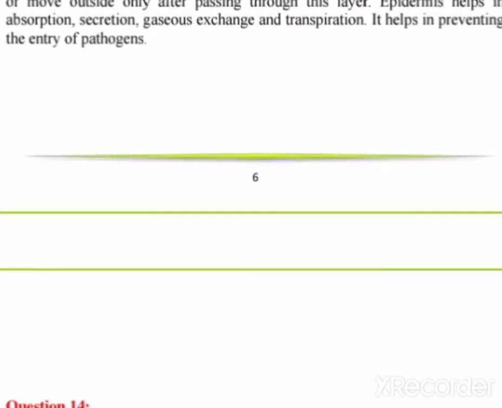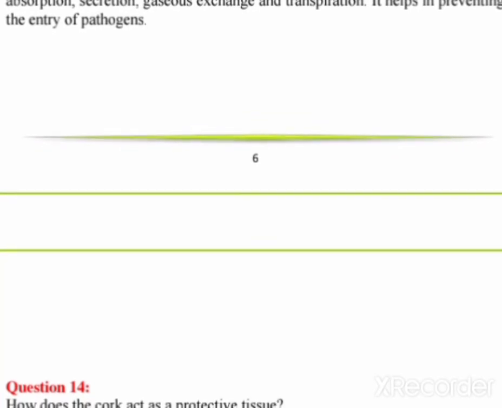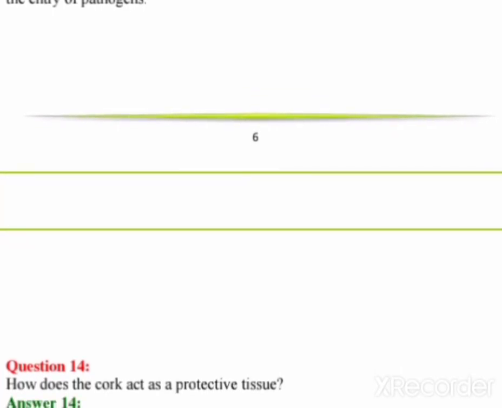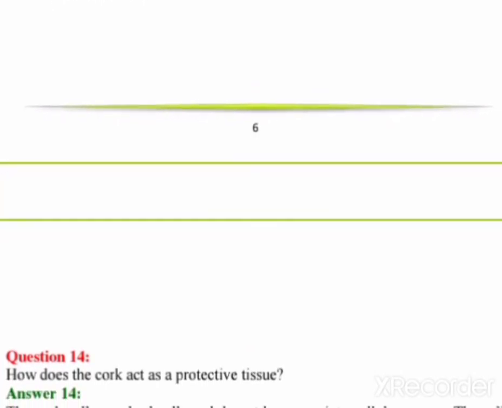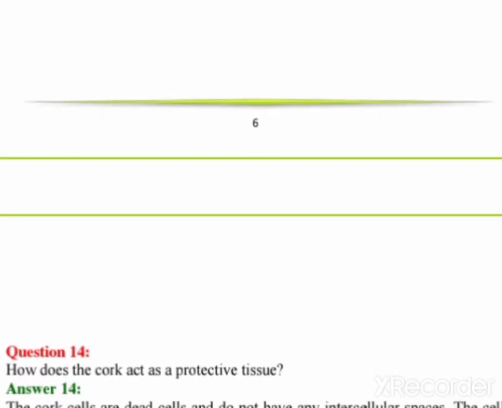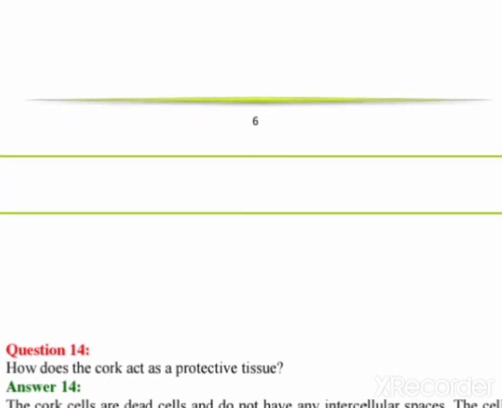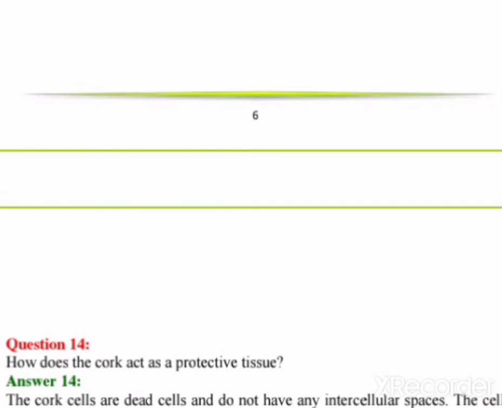Now the 13th question: what is the role of epidermis in plants? Epidermis always plays a protective role for plants. So this is a protective tissue, and it provides protection to the underlying tissue, meaning all the tissue present inside the plant is protected by the epidermis. Epidermis means outer skin, like the brown covering present on the plant stem.